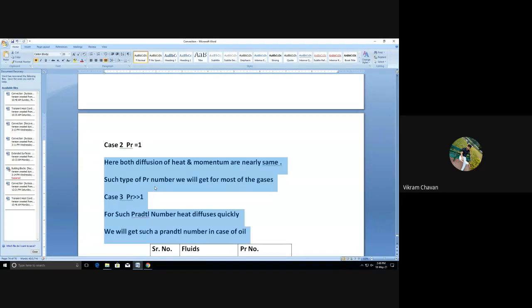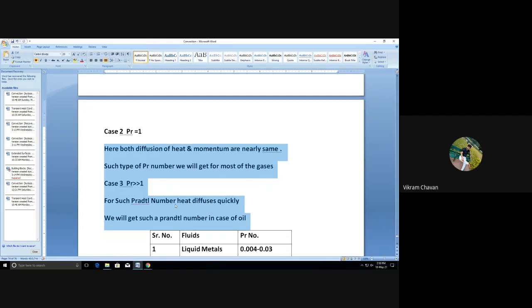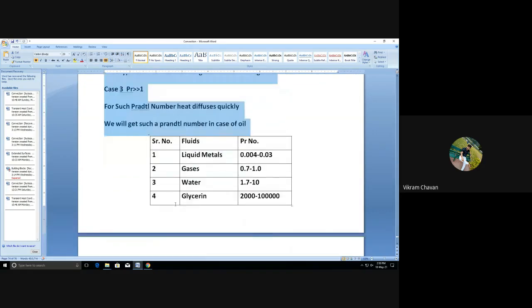For such a Prandtl number, heat diffuses quickly. We will get such a Prandtl number in the case of oil.